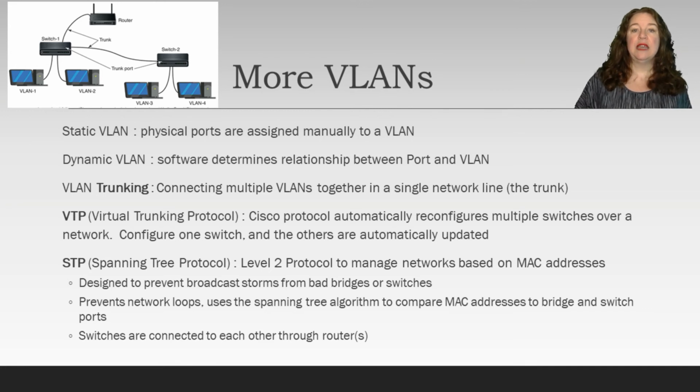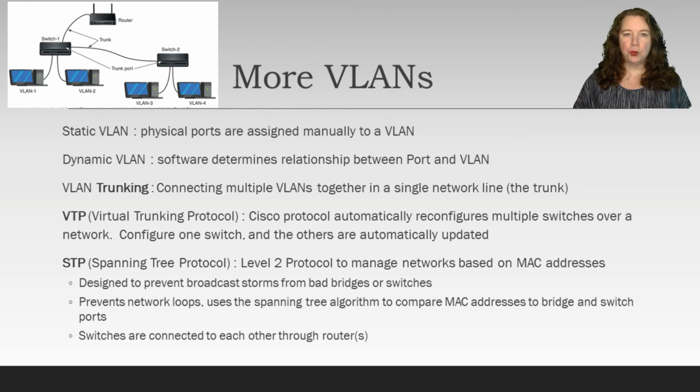Dynamic VLANs can be done by software, and a lot of times you're going to be using software because you're not going to be walking over to the switch and setting it manually. You're going to be using a piece of software to do it if you're using Cisco or something along those lines. So static versus dynamic: dynamic just means the software does it and figures it out, whereas with static, you're manually setting it up.